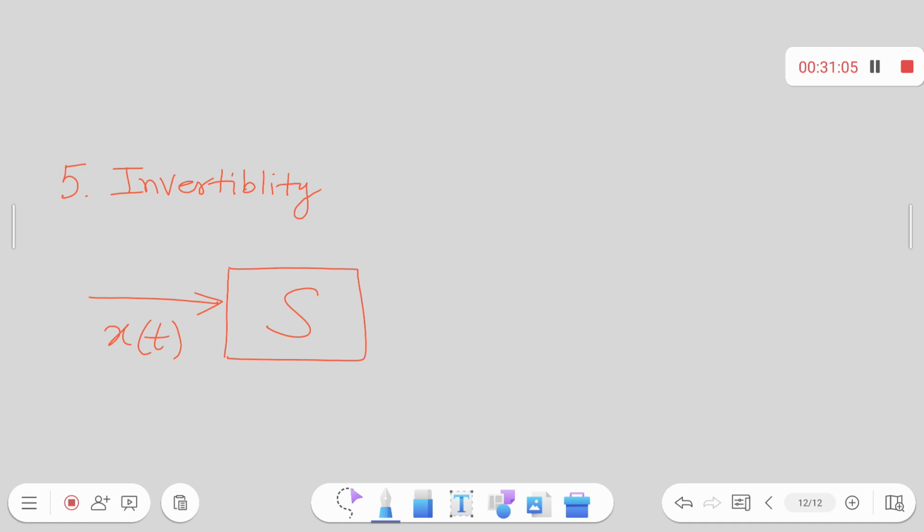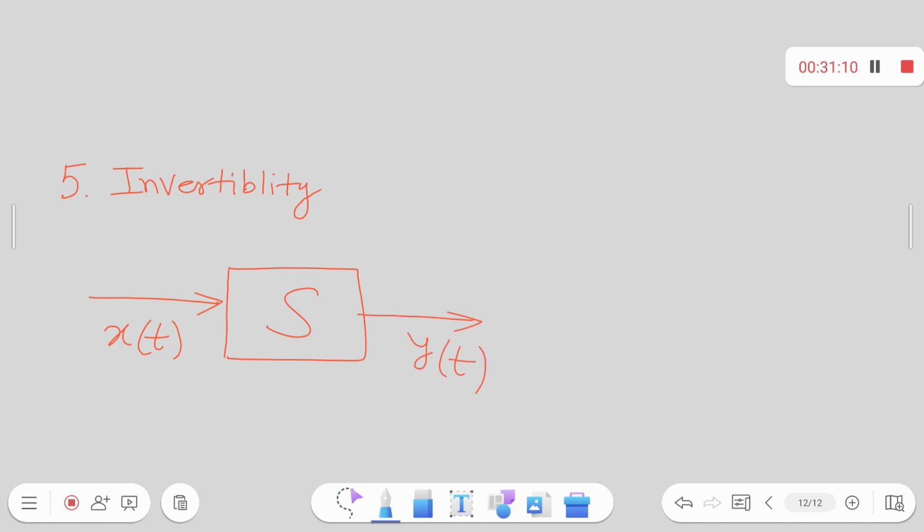And in most of the cases, as I've already told you, we deal with the causal signal and the causal system, practically. So after that, now let's move to property number 5. That is an invertible system. Suppose you have a system, let's call it S. We have provided x of t, and we have got the output y of t.